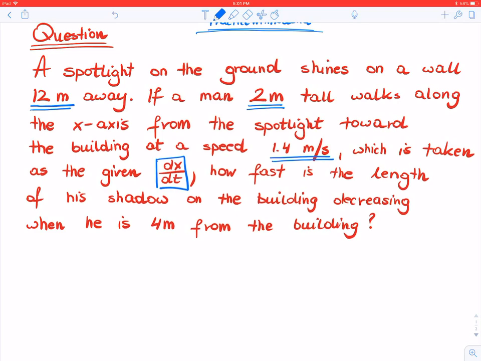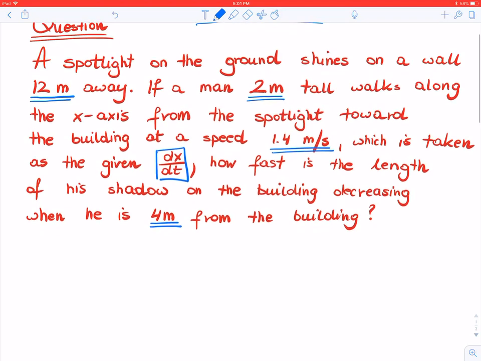And then the question asks how fast is the length of his shadow decreasing when he is 4 meters from the building. But 4 is just the description of that moment, that instant. He's still getting closer and closer to the building.